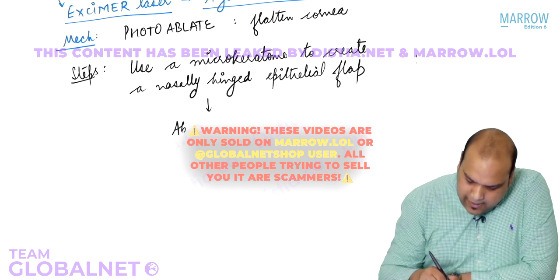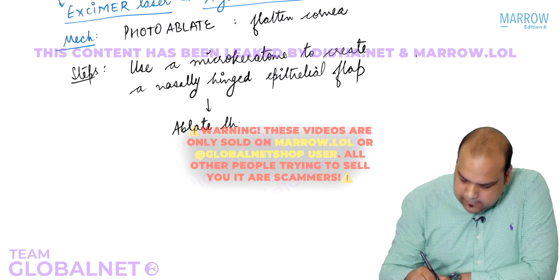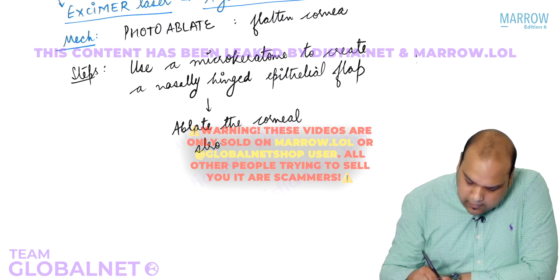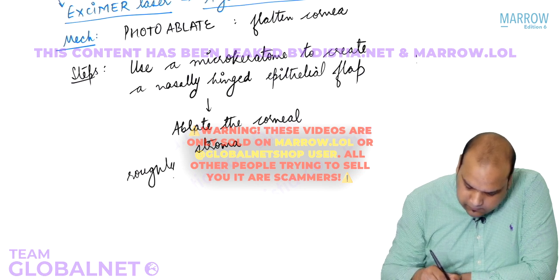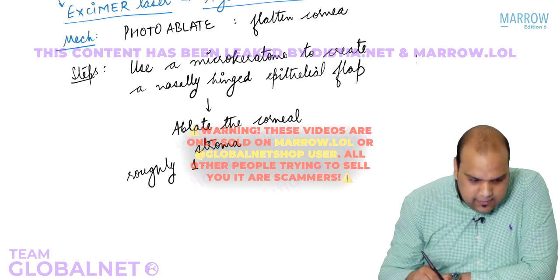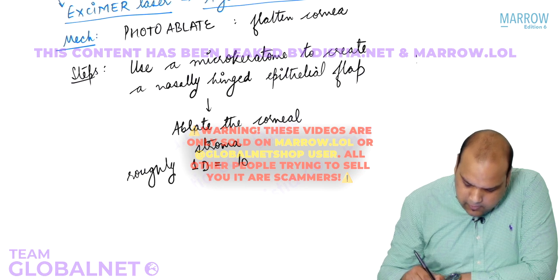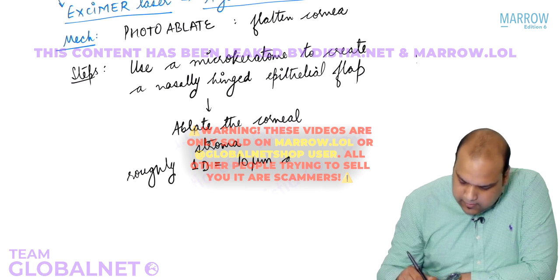Then we ablate the corneal stroma. Roughly 1 diopter is equal to 10 micron ablation.